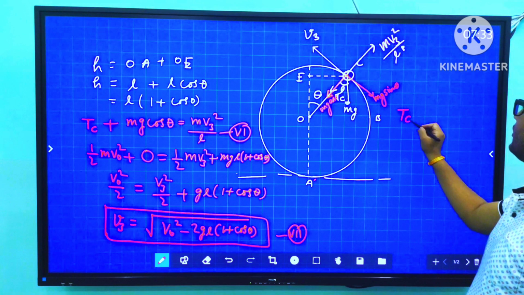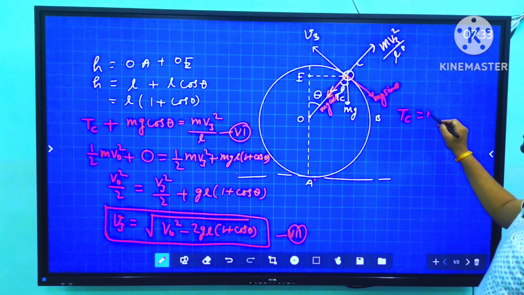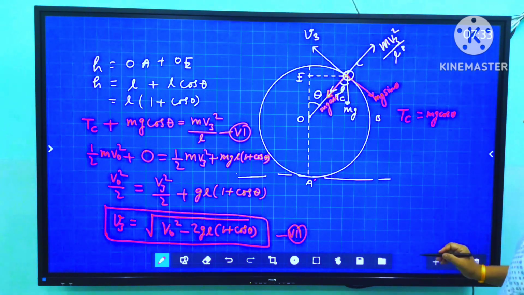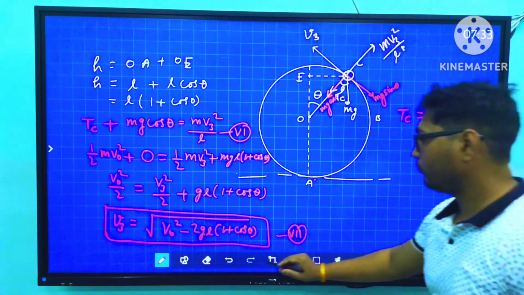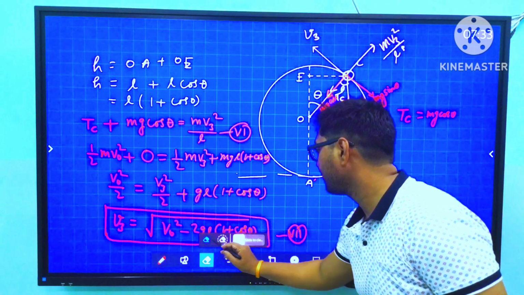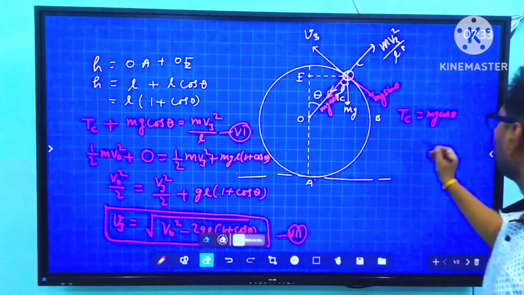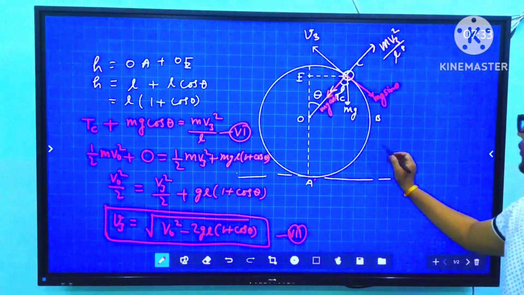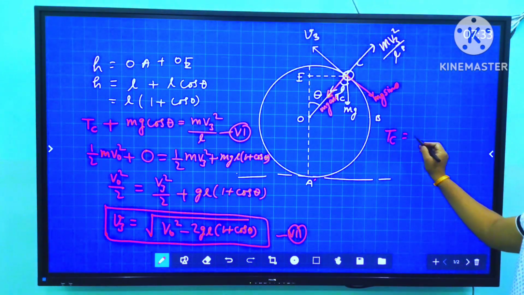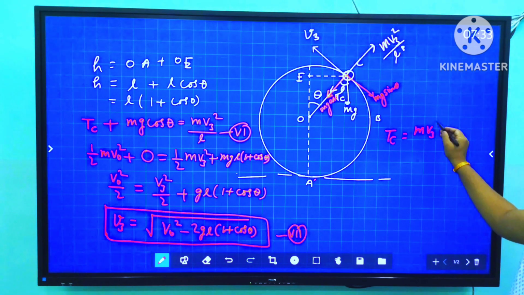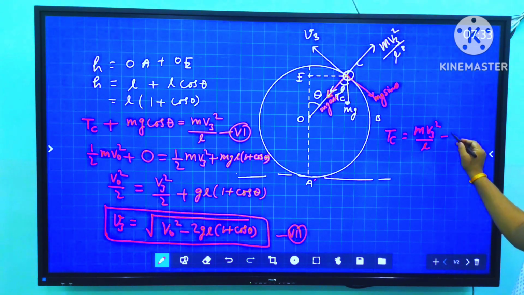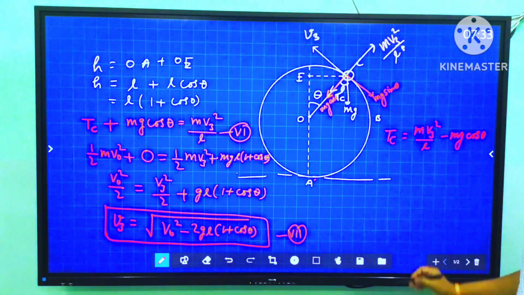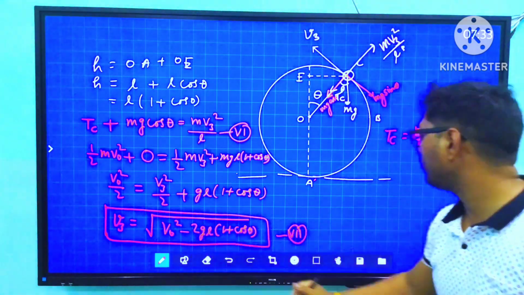So the tension Tc is equal to mv3 square by L minus mg cos theta. Now put the value of V3 from equation number 7.